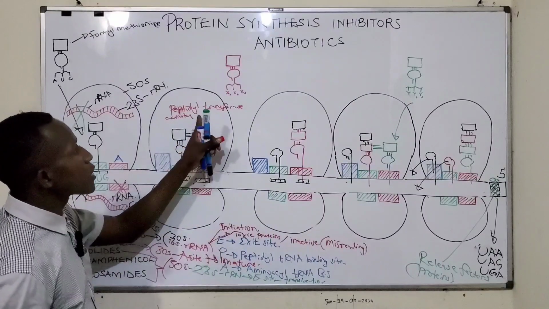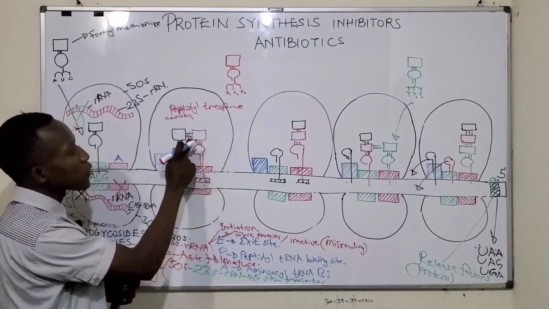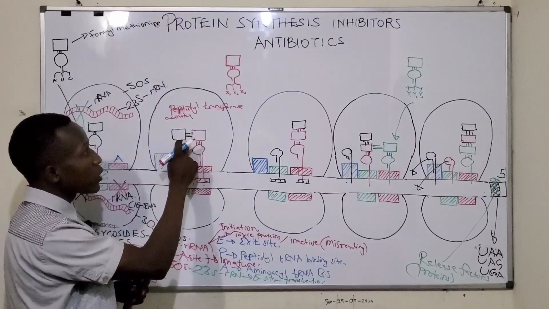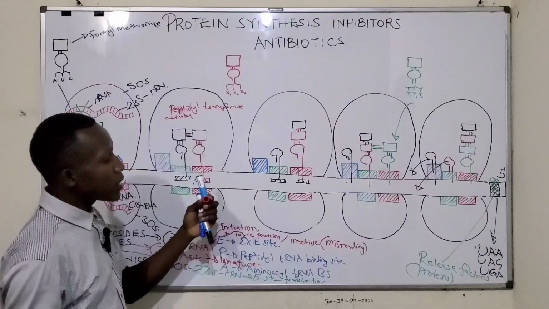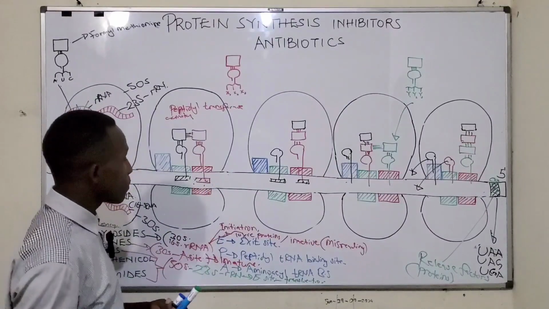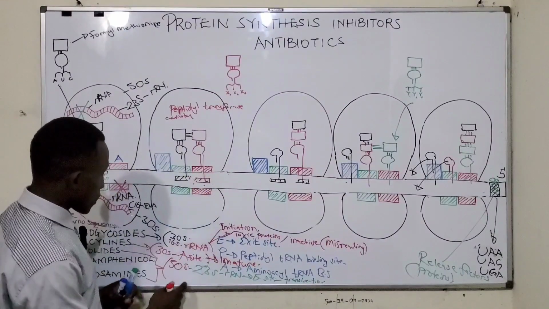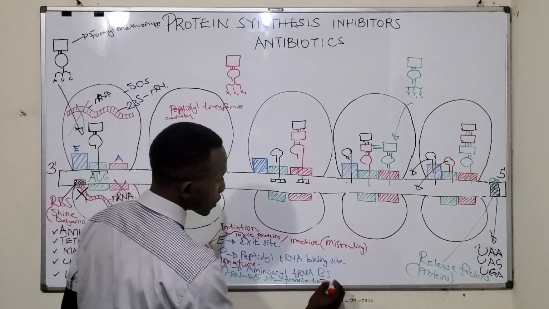We say that this enzymatic activity helps in the formation of the peptide bond. Therefore, we may not have the formation of the peptide bond. The chain may be released prematurely, meaning that these drugs are bacteriostatic.